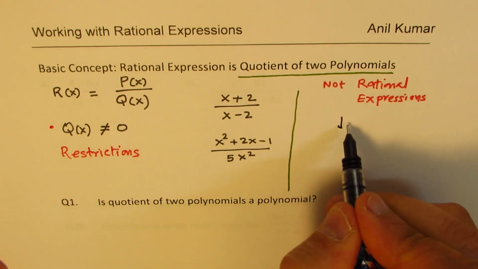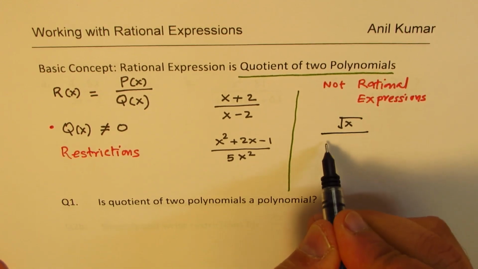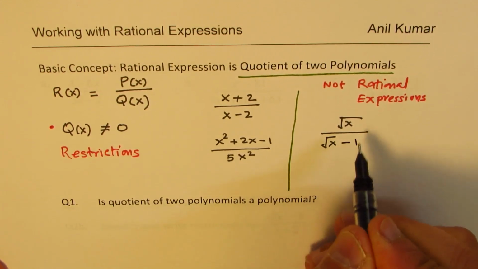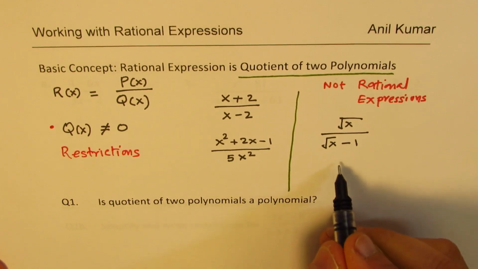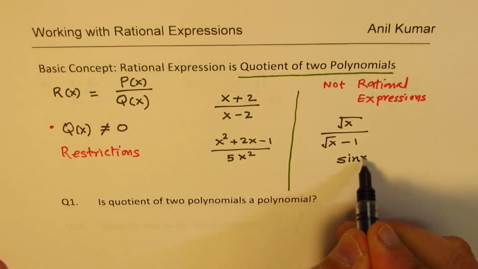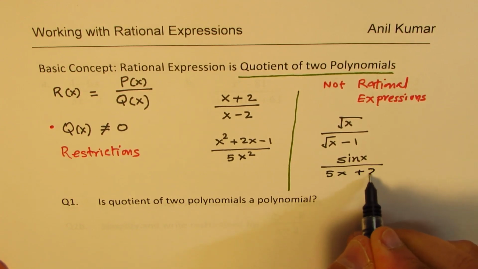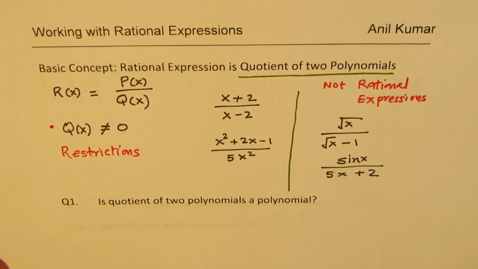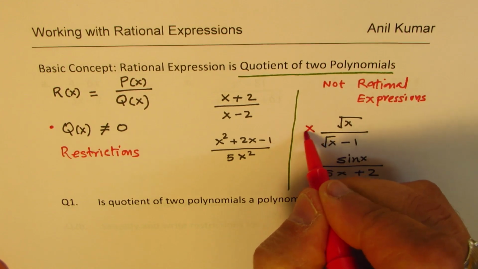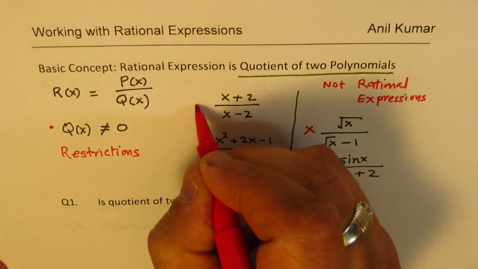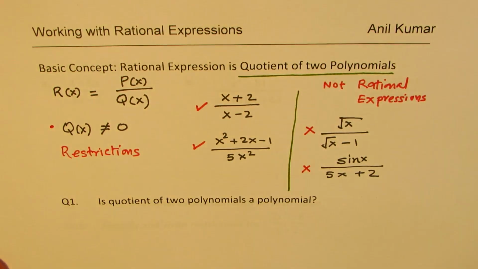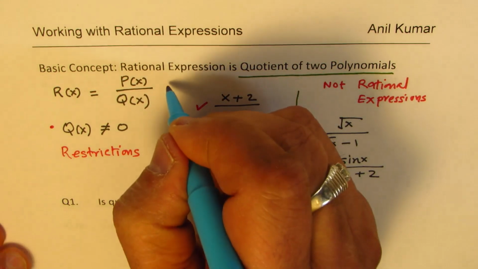So if I write square root of x over square root of x minus 1, that is not a rational expression. Or if I write sine x over 5x plus 2, this is not a rational expression. So these two are not rational expressions, but these are rational expressions. Does it make sense to you? Correct? So that is the basis, right?